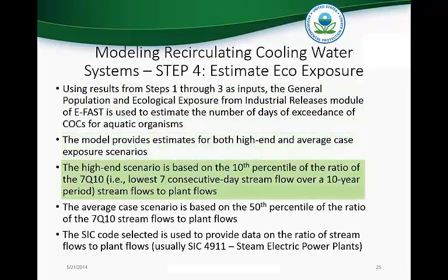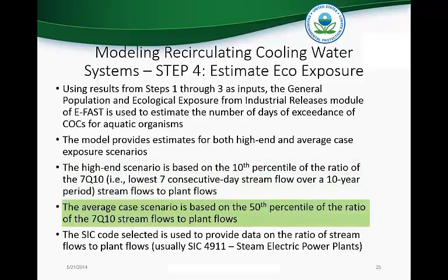The high-end scenario is based on the 10th percentile of the ratio of the 7Q10, that is the lowest 7 consecutive day stream flow over a 10-year period, to the plant flows. The average case scenario is based on the 50th percentile of the ratio of the 7Q10 stream flows to the plant flows.